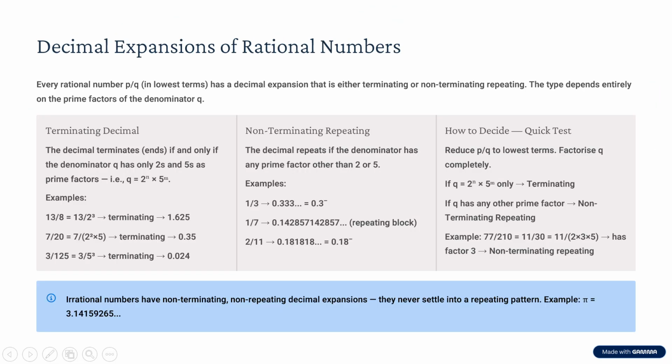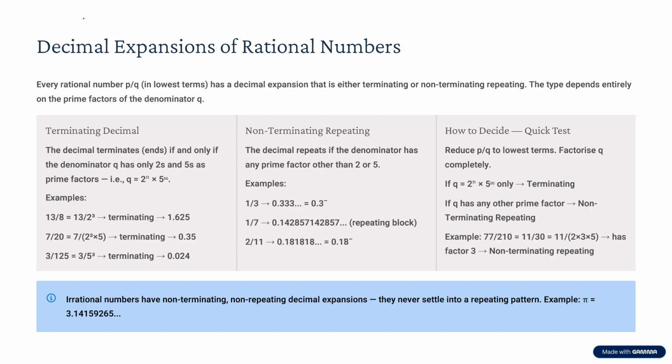Coming to the decimal expansion. This is the final concept, decimal expansion. This is very easy, and the key rule is if the denominator has only 2 and 5, decimal will terminate. Okay. If any other number, decimal will repeat. Okay. So very simple.